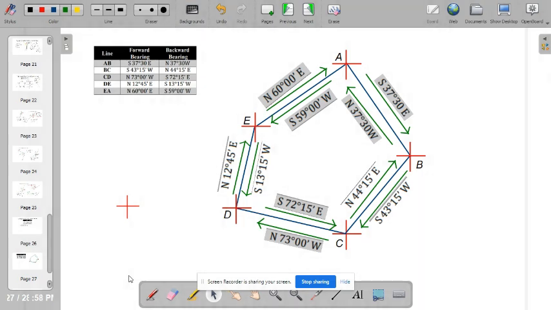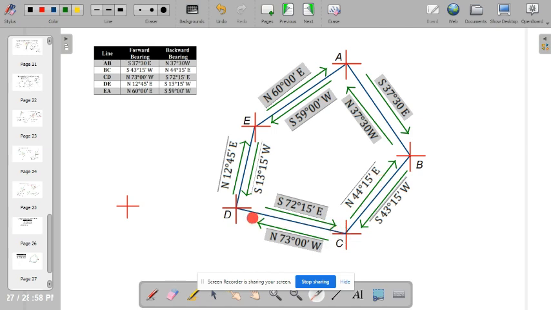Okay, so I plotted the forward bearing and backward bearing. So let's check if we put the correct directions. AB is southeast, forward bearing, backward bearing is northwest. BC is southwest, backward is northeast.